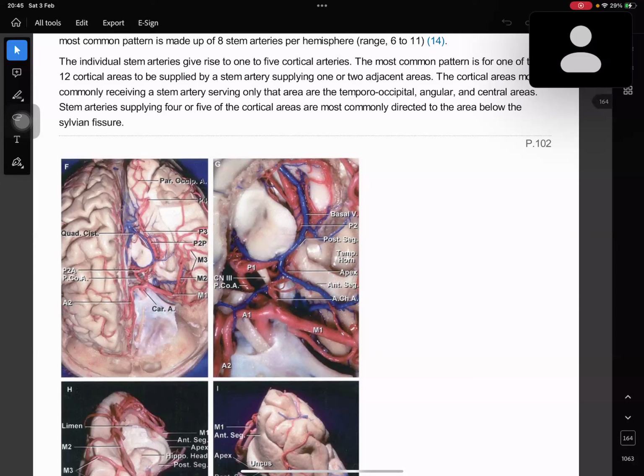Hence, an injury or ischemia of this P2P segment will be responsible for memory loss. We will have memory issues related to an ischemia of the hippocampus homolaterally.